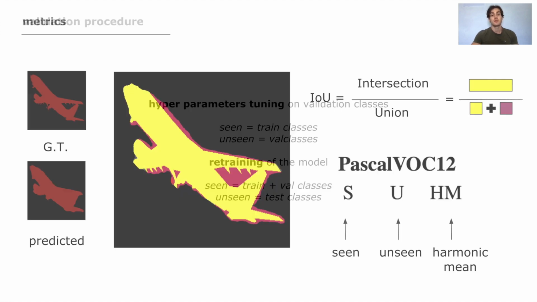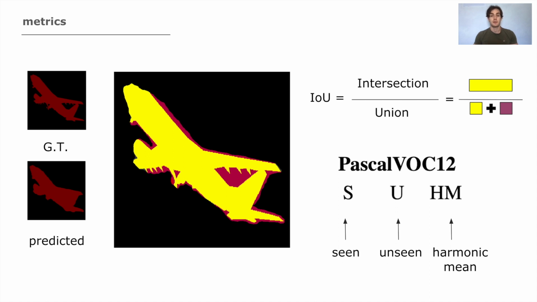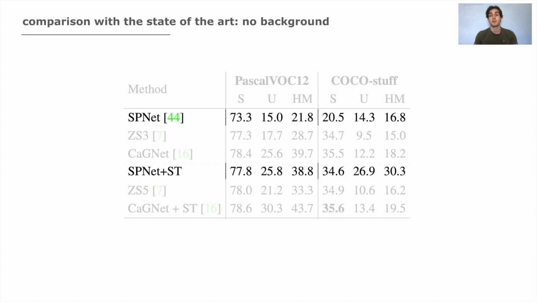Following the previous works, we measured the generalized zero-label performance in terms of mean intersection over union on the seen and unseen classes, as well as the harmonic mean of the two. A first outcome of the experiments is that self-training strategies improve the performance of all methods and for all the metrics.